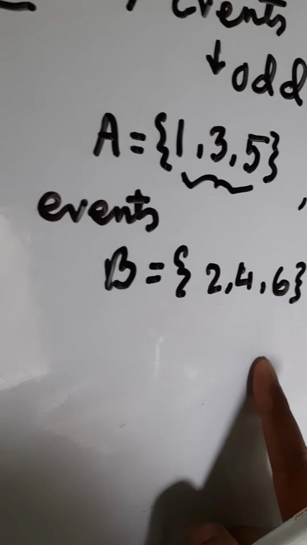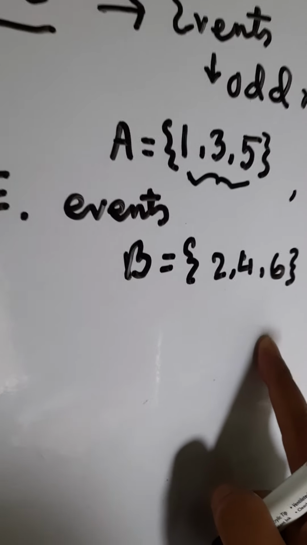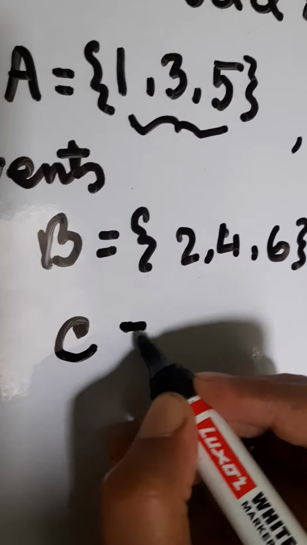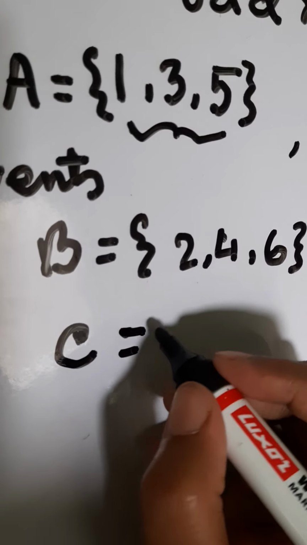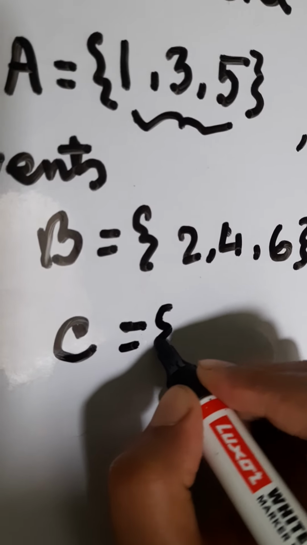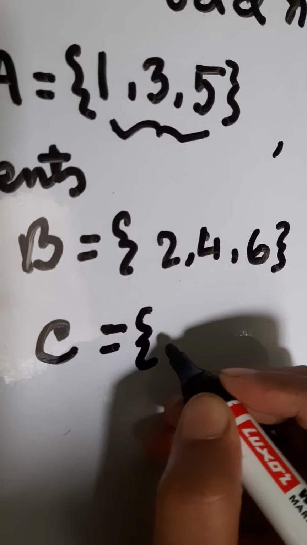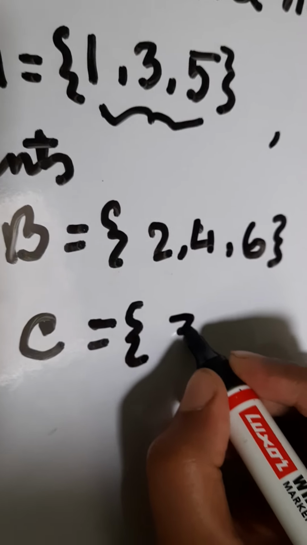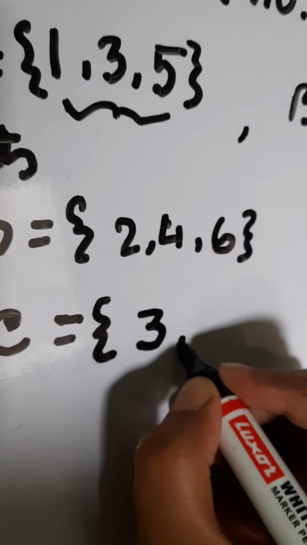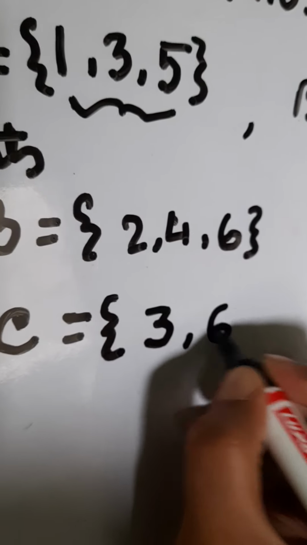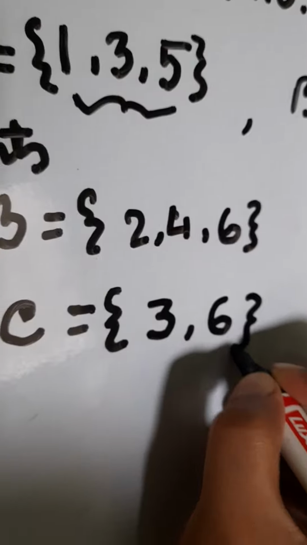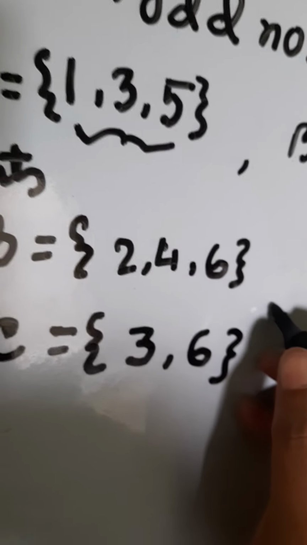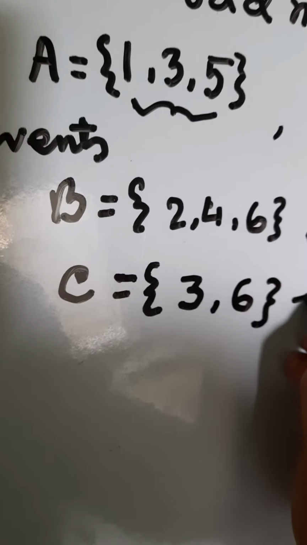For better clarity, let us define another event C, which is defined as the collection of numbers we have got in a single throw of a die which are divisible by 3 only. So divisible by 3 is 3 and 6. Now you can find that B and C are not mutually exclusive.